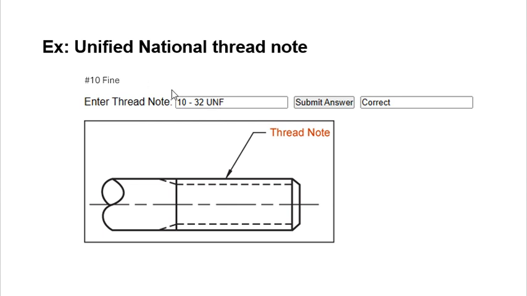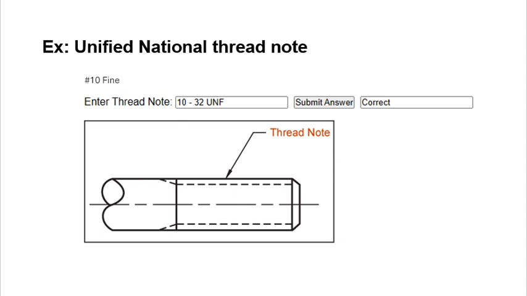And of course the fine we're going to represent with UNF, unified, because we are dealing with the unified method of the thread note. Threads per inch is 32 from the table in Appendix B. This is your fine, UNF, for the fine screw. That's how we write it, and you submit it, and you should get it correct.